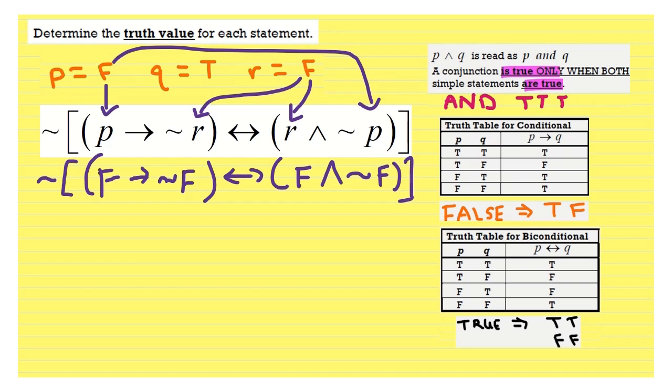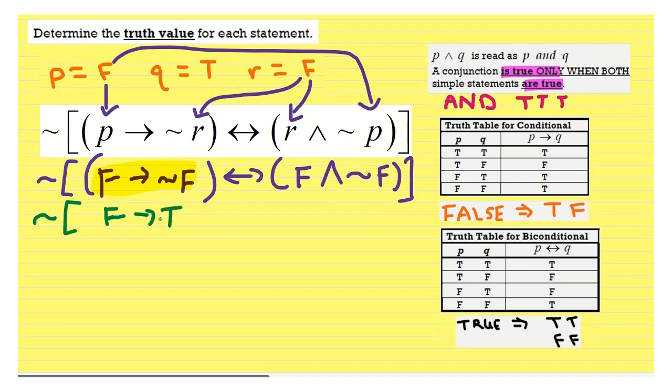Okay, so now we're going to look at the first parentheses, and the first thing I'm going to change is the not F. The not F will actually turn to true, so it's going to be F, if F, then true. And again, I have to understand that I've got the tilde out here. Keep my brackets on the outside.